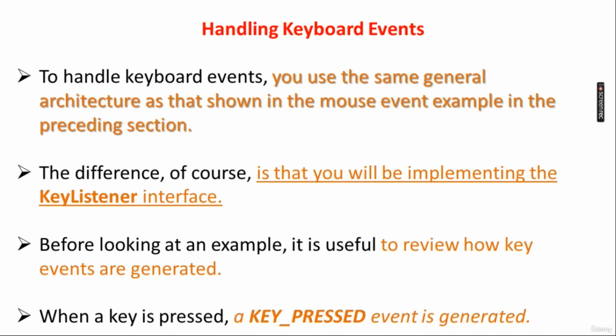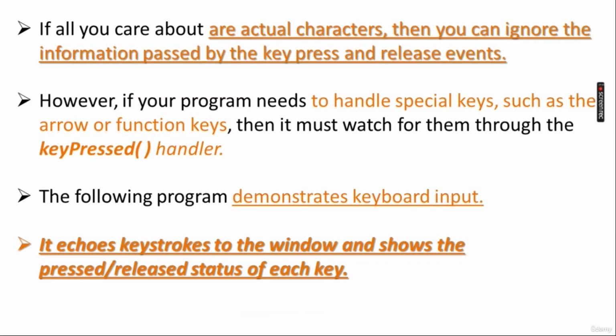Which interface do we have to implement? The KeyListener interface. If you only care about actual characters, then you can ignore the information passed by the key press and release events. So what matters for you is the characters contained in the particular key that the user is pressing.